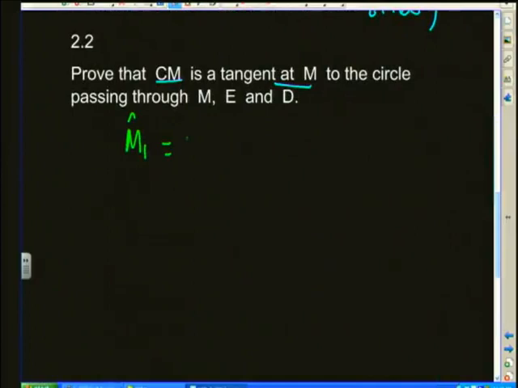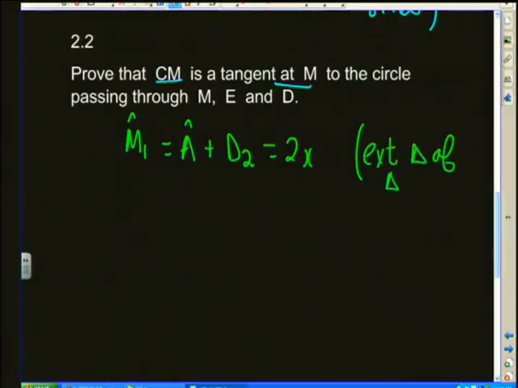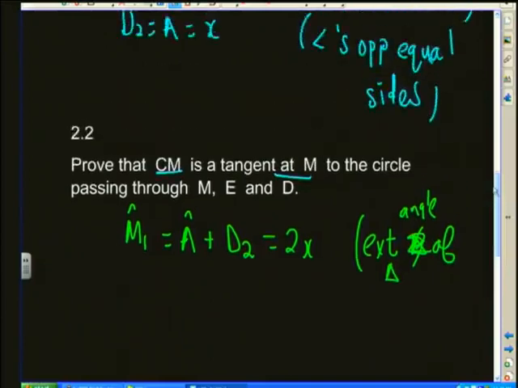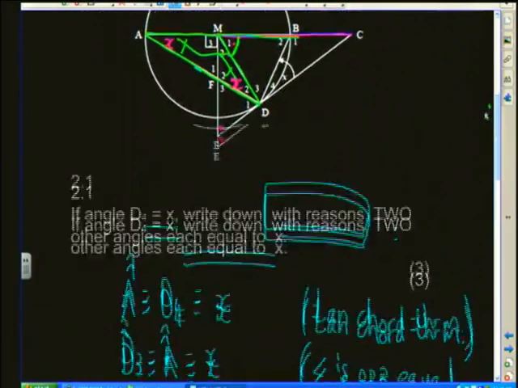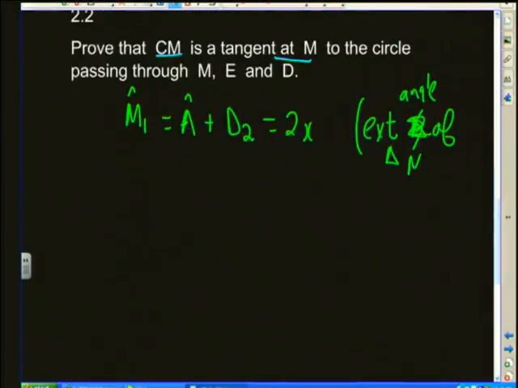M1 is equal to angle A plus angle D2, and since they were both x, it's going to give us 2x. The reason for that: exterior angle of triangle MAD. So therefore, we've got M1 is equal to 2x.